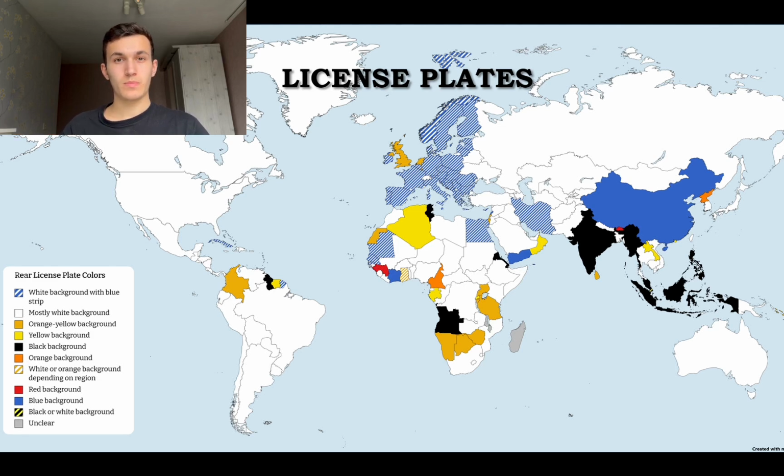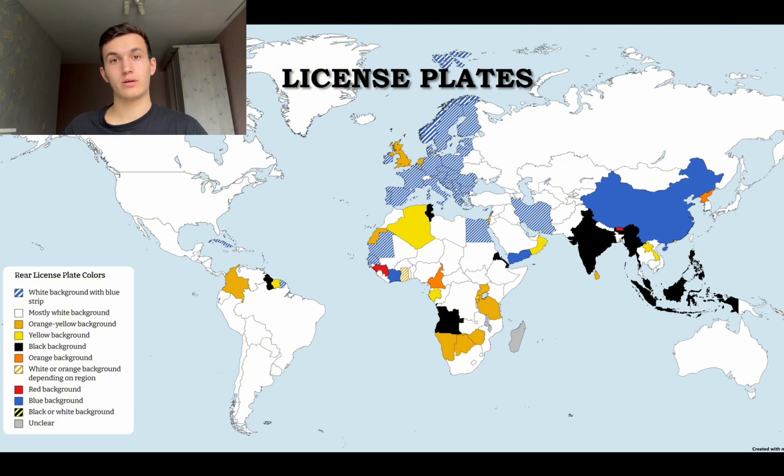In Europe, the only 2 countries which have different ones, they have an orange background, is the UK and the Netherlands. In most of the Americas, they have a white background. The exemption here is Colombia. They have the style of the UK, and it's also true for Botswana.